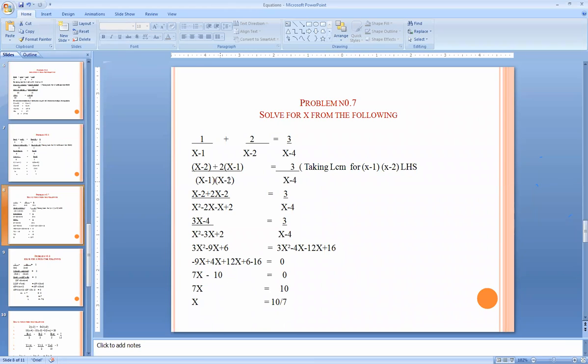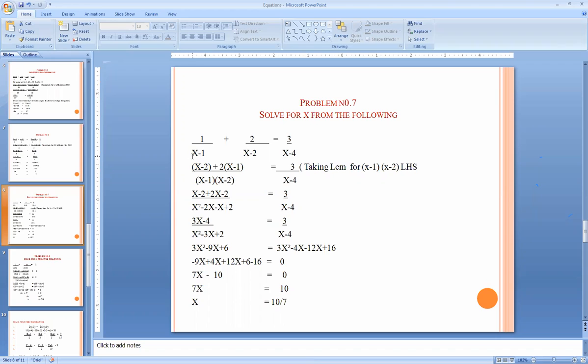After taking LCM x minus 1 and x minus 2, if x minus 1 of the first step denominator and the second step denominator get cancelled, what is the remaining value? It is only x minus 2. The x minus 2 should be multiplied. Just you can go for cross multiplication. Just do cross multiplication. 1 should be multiplied with the opposite of x minus 2. 2 should be multiplied with the opposite to that of x minus 1.